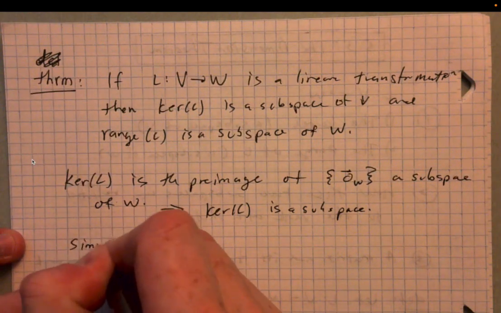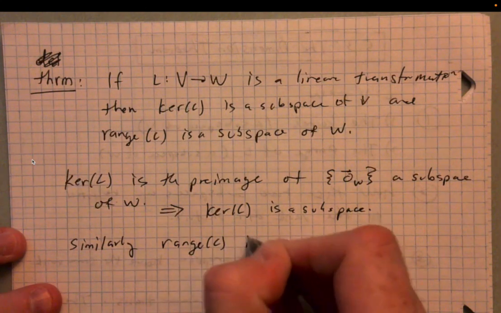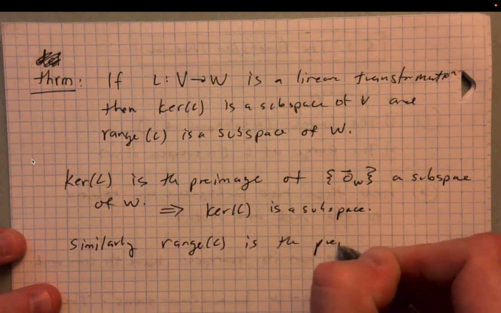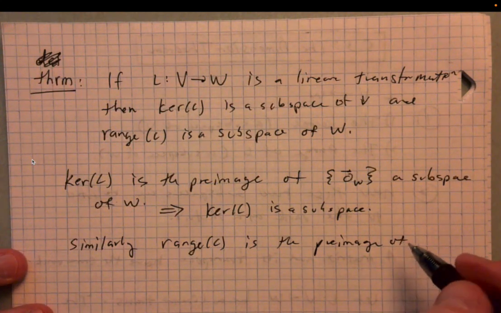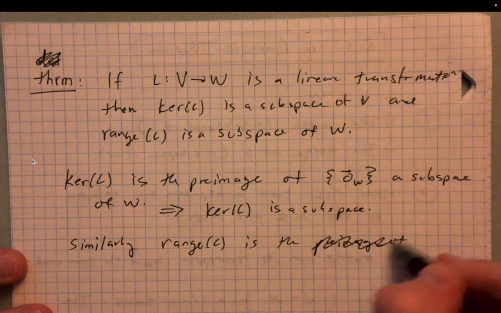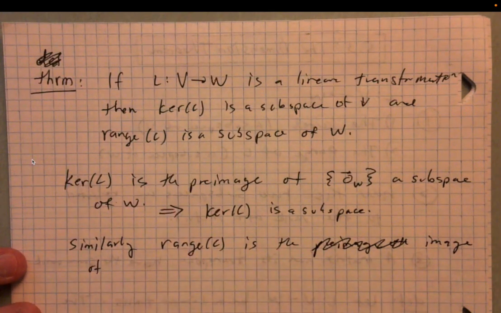So similarly, the range of L is the image, not the preimage, I meant to write image, the image of a vector space.